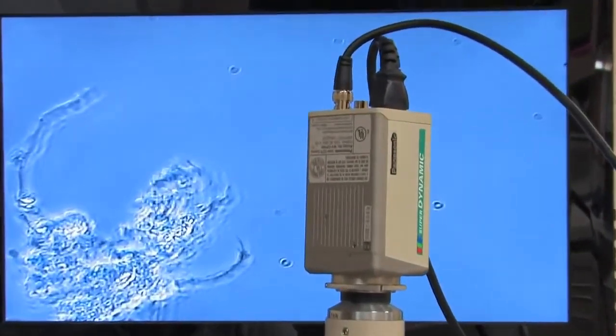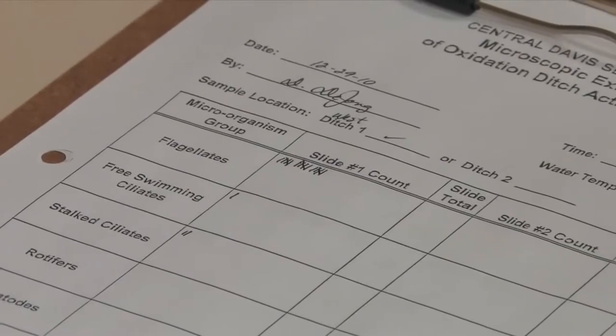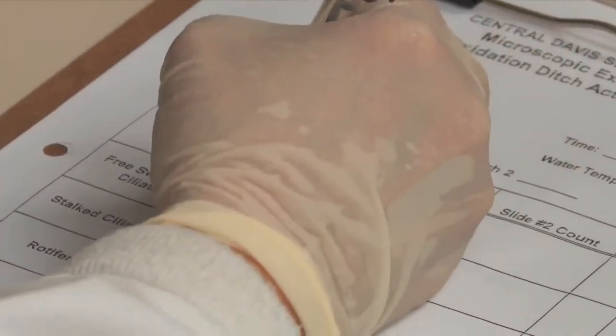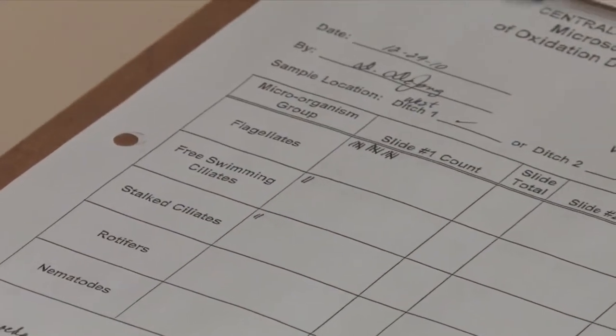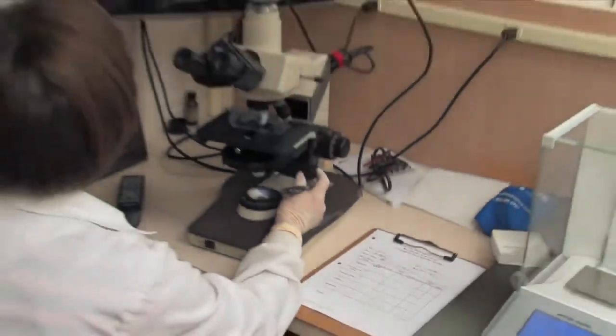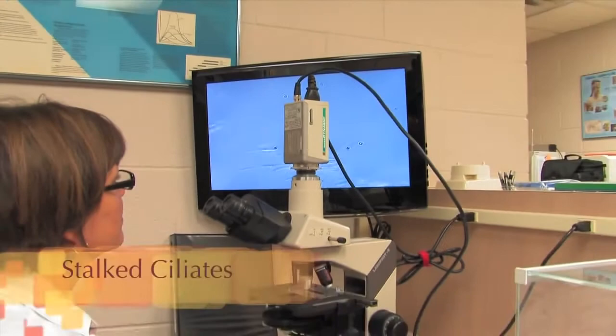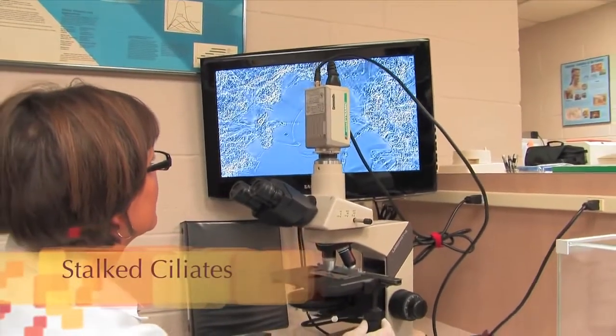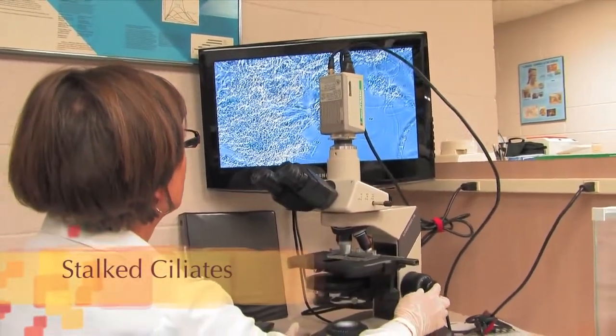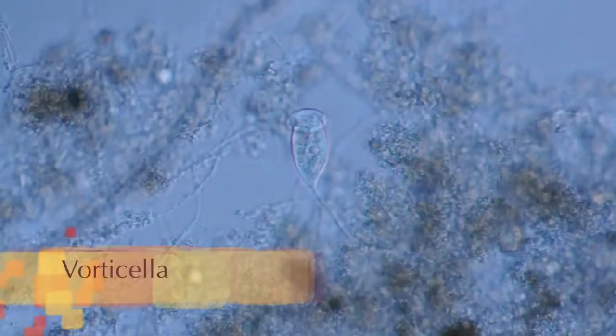So who are these guys? Let me make a note here that some of these guys will vary from process to process, so you'll have to get to know your own population. Let's take a look at a family called stalk ciliates first. Here we have a couple varieties that we're going to talk about. First is Vorticella.